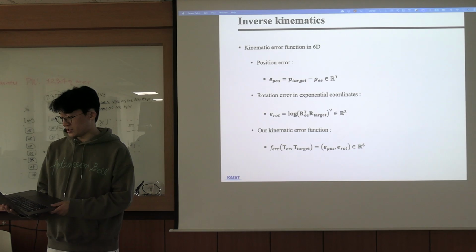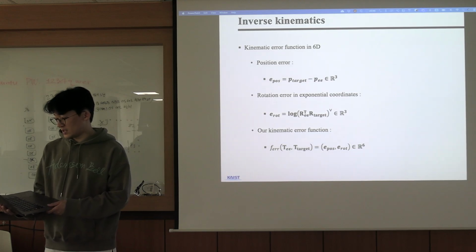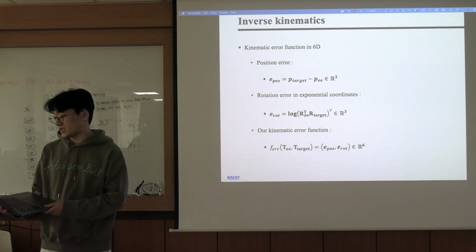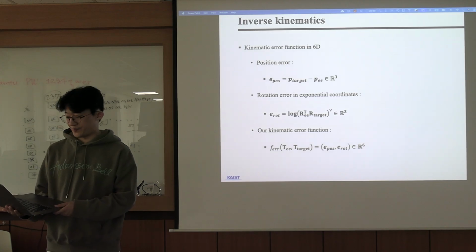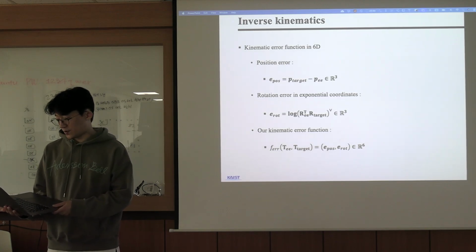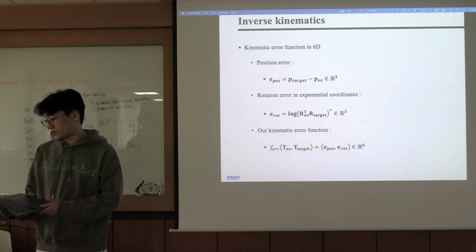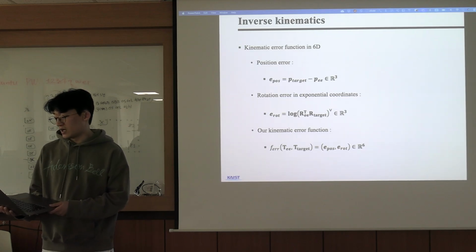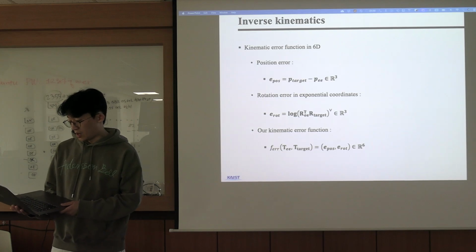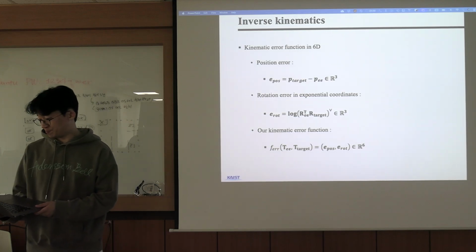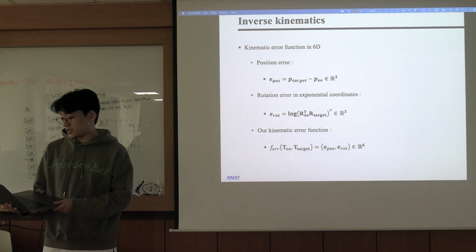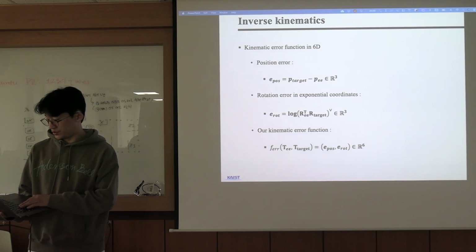Second, the rotation error, which we express in exponential coordinates using the logarithm of the rotation matrix. Together, these form the 6D error function, combining both position and rotation into a single vector in R^6. This error will be minimized in our optimization-based inverse kinematics approach.